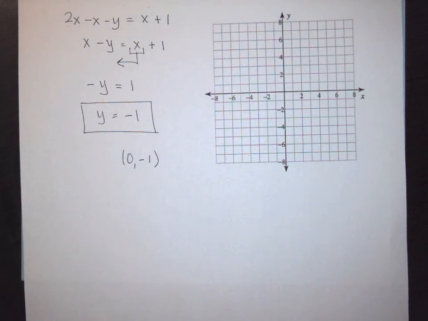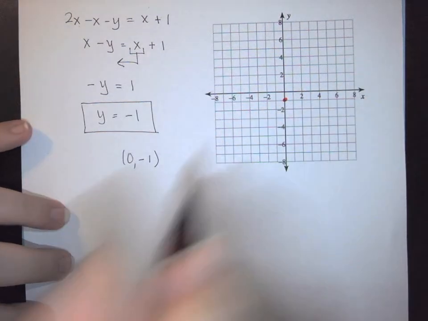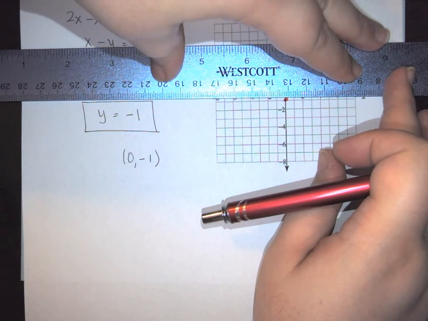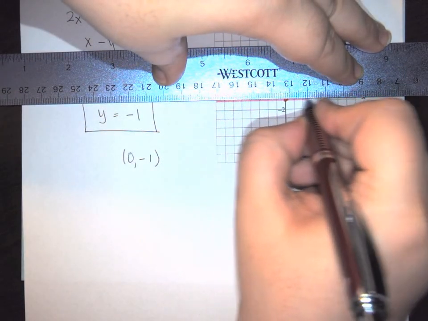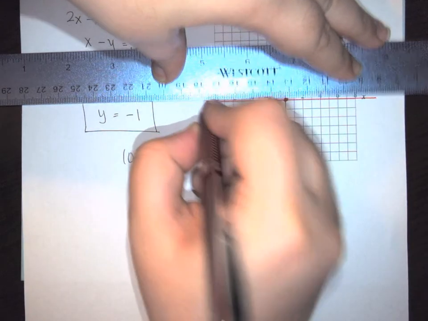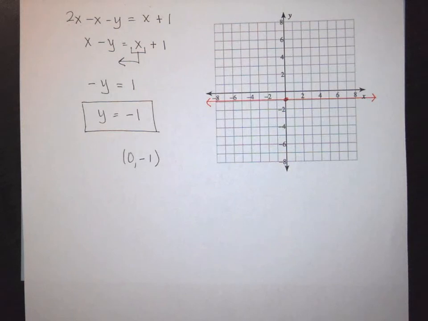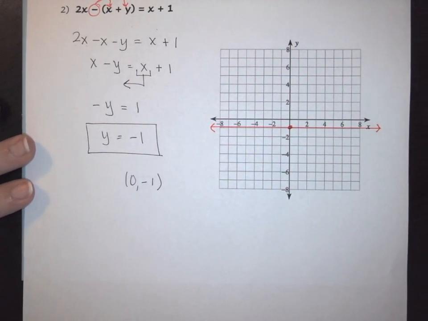Now because there is no x value, what that means is that if we graph our coordinate point at -1, we are going to have a horizontal line that goes straight through, and notice at no point does it ever cross my x-axis. Okay? So that's what makes this very special, is we have no x term.